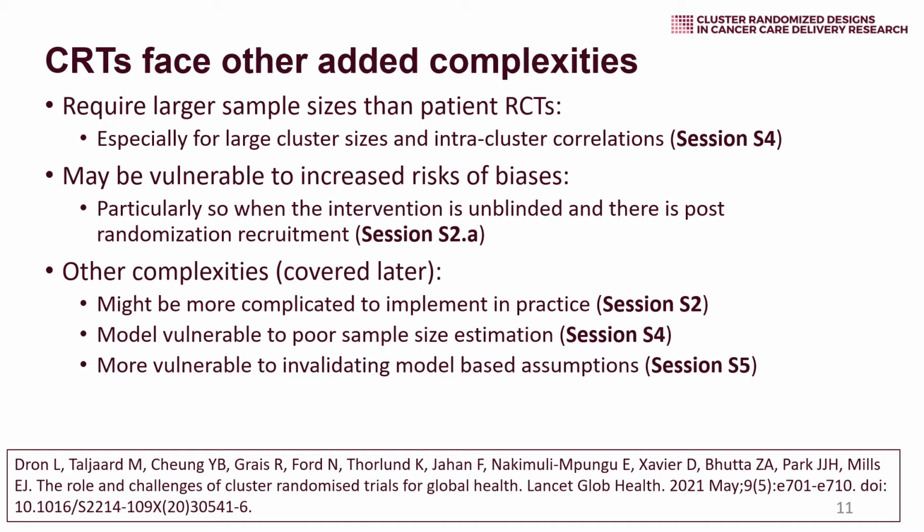We're going to look in detail at risks of bias in session 2. Other complexities associated with cluster randomized designs, also covered later, include the fact that they might be more complicated to implement in practice, they are more vulnerable to poor sample size estimation, and they might also be more vulnerable to invalidating model-based assumptions.